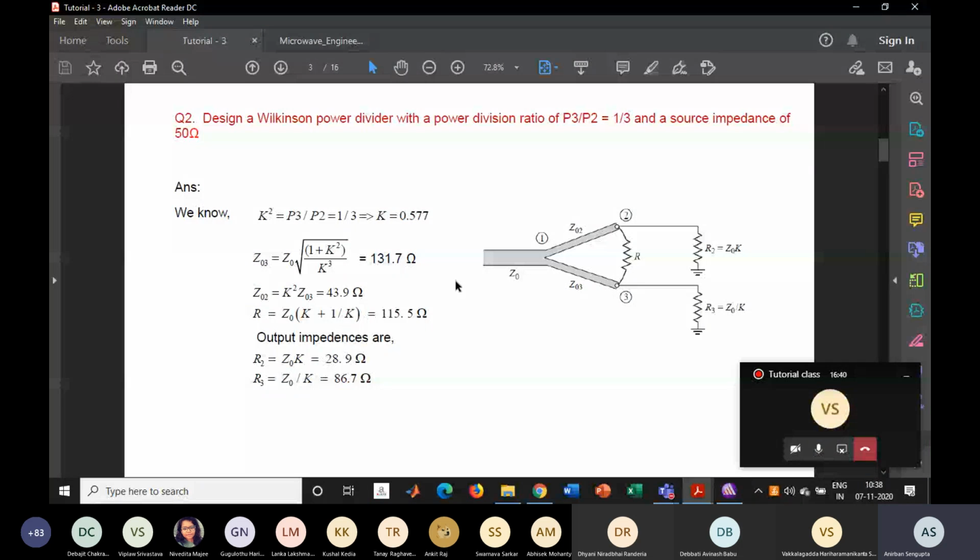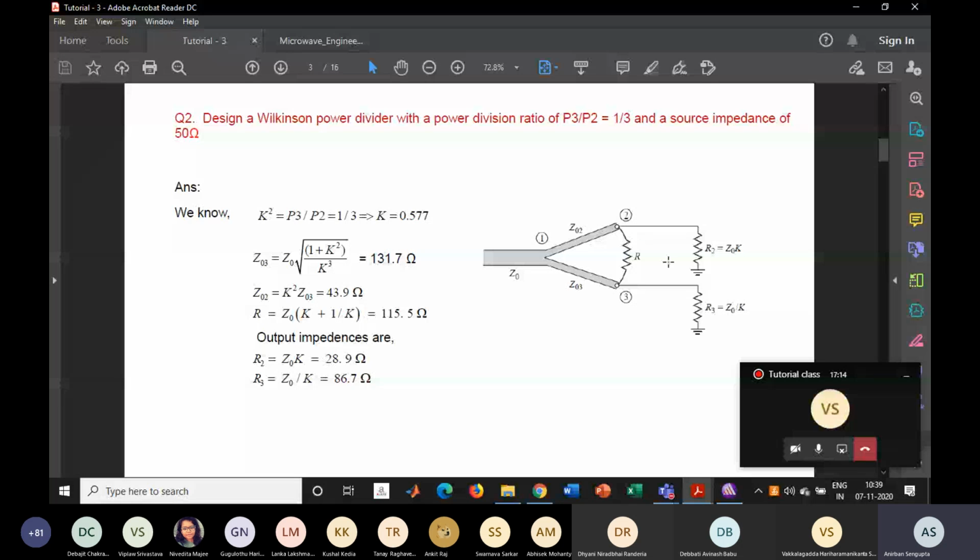So here as well, ZO3 can be found out from ZO2 using this K ratio, and we can find out R2 and R3. What should be the termination impedances of those power division ports? So this is also a very straightforward question. Nothing to discuss about this because all the equations are given in the book. So you can directly use those equations.